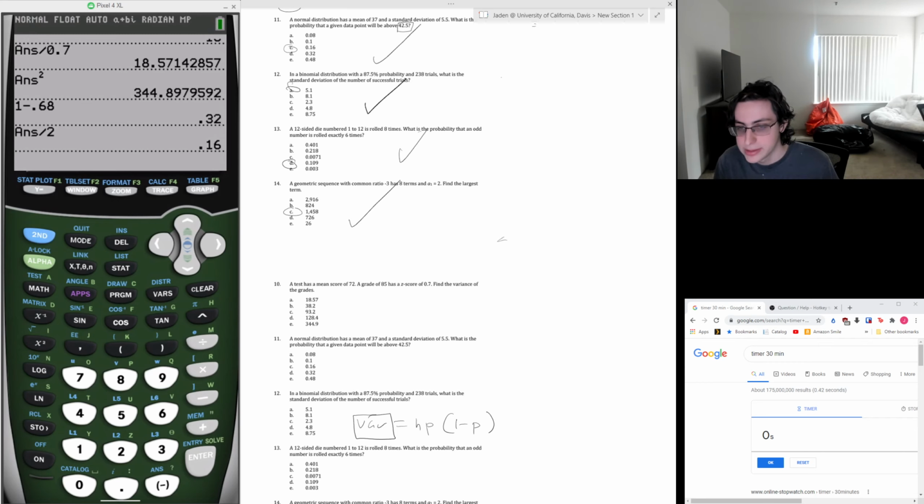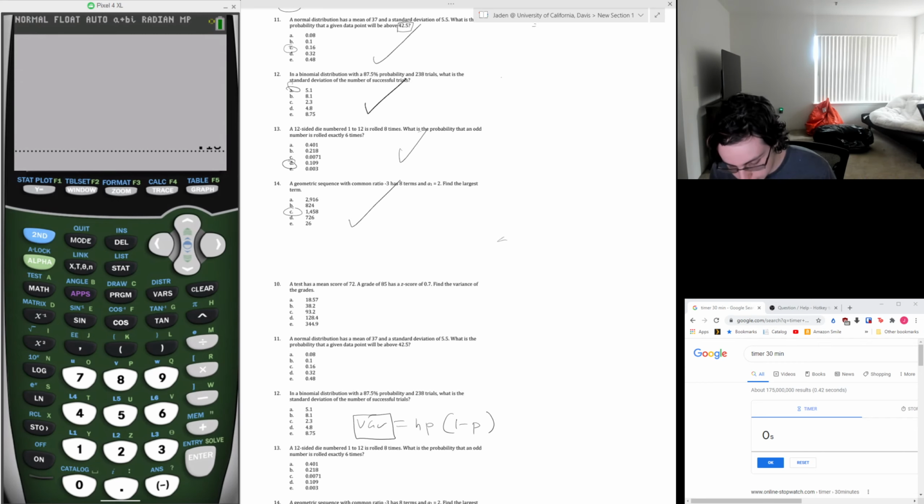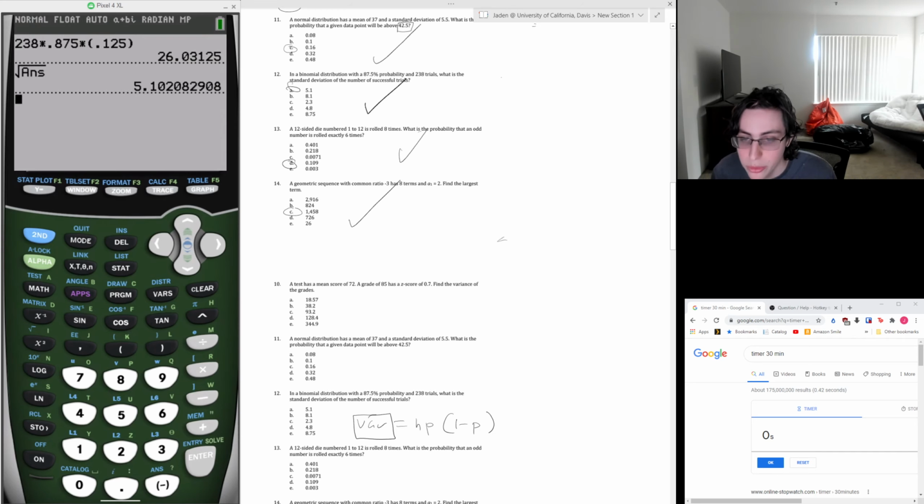So the variance of this binomial distribution is going to be 238 times 0.875 times 0.125, which is 1 minus 0.875, which gives us a variance of 26.03125. That is the variance, not the standard deviation, so we take the square root. 5.102, or 5.1. Okay.